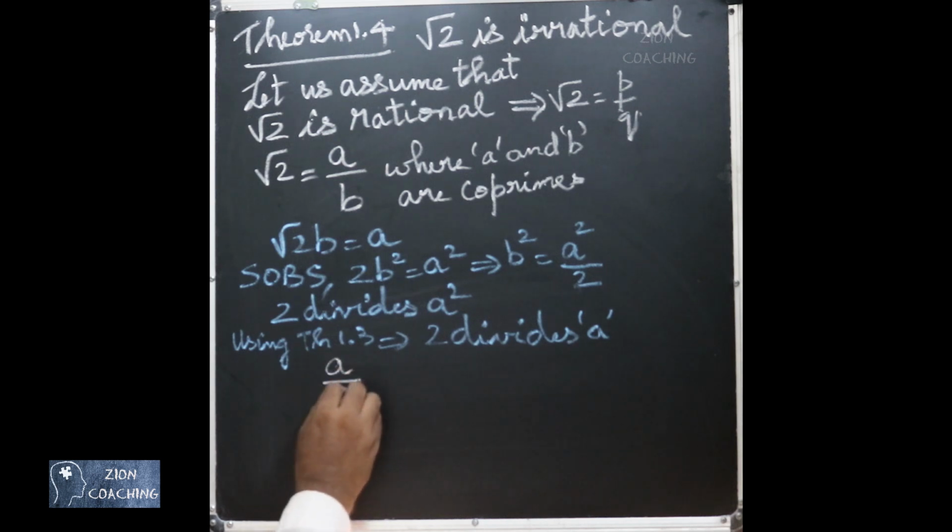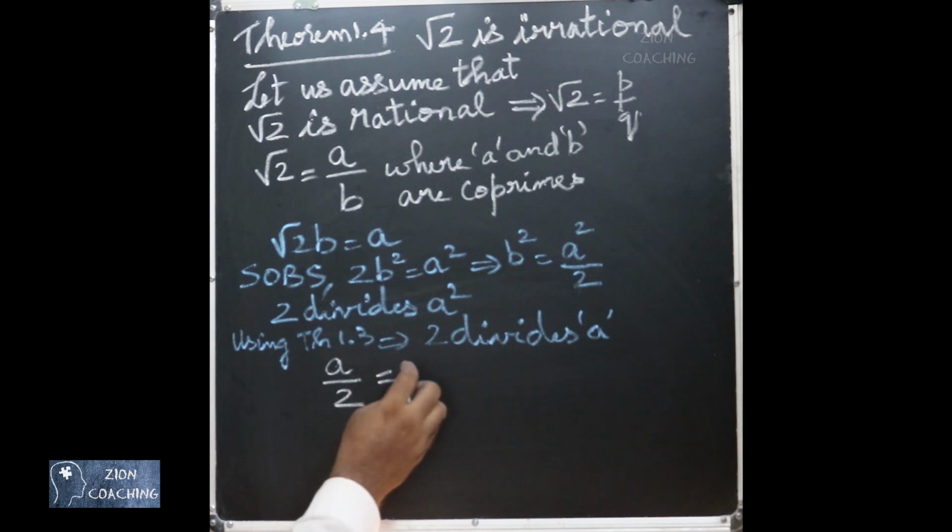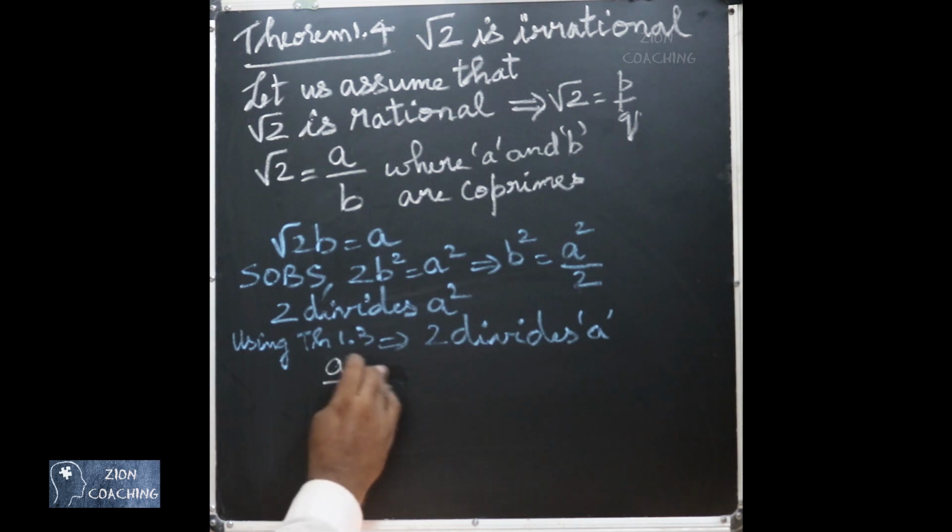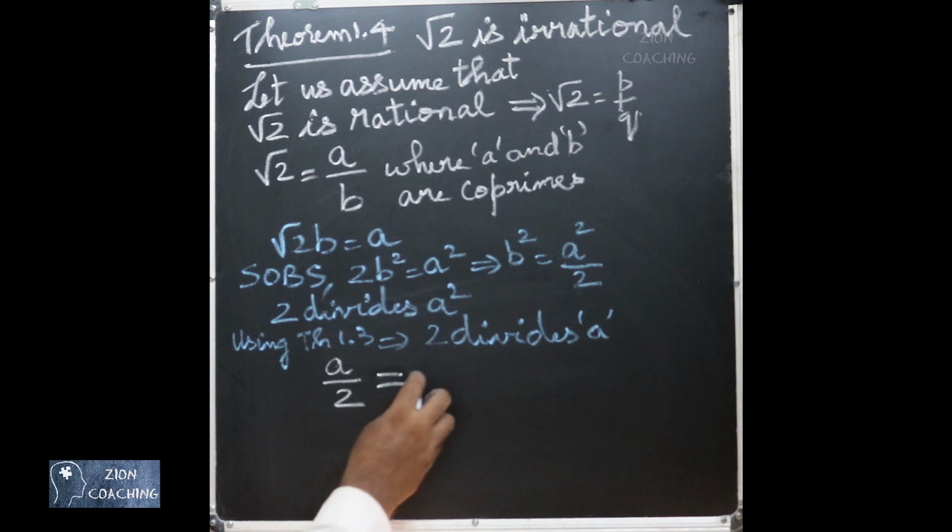So a is going to be divisible by 2. When you divide a by 2, you will get some whole number as answer. It is not going to be a decimal answer. That answer we are going to take as c, where c is an integer. So a by 2 is equal to c.